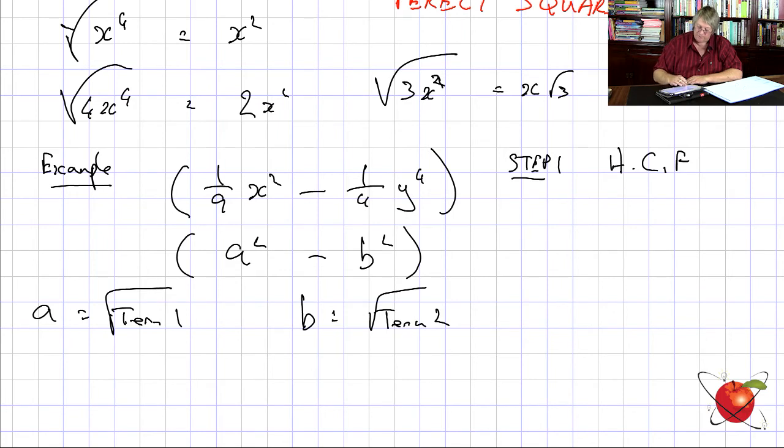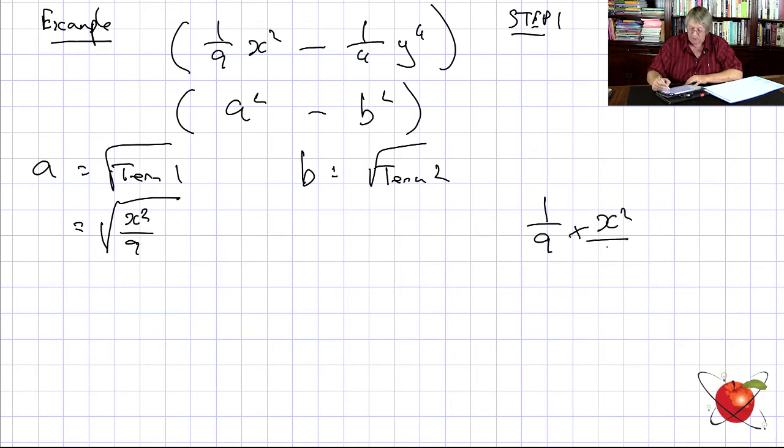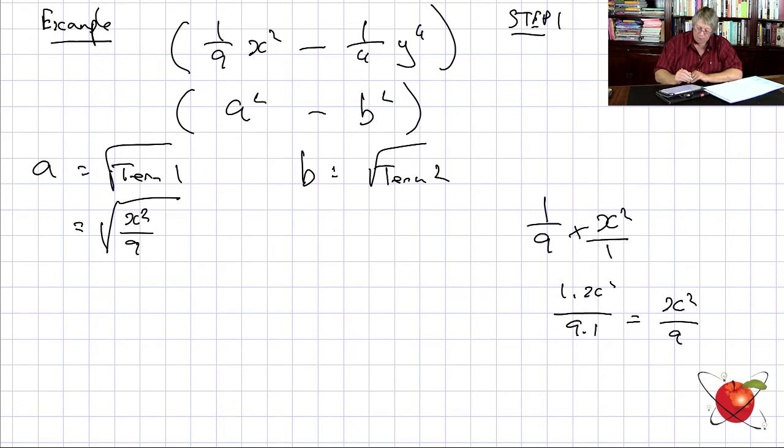So what do I do? The first thing I do is I say, right, what is A equal to? The square root of x squared over 9. Remember, 1 over 9 times x squared is x squared over 1. Multiplying, that's 1 times x squared over 9 times 1, which is x squared over 9, isn't it? What is the square root?